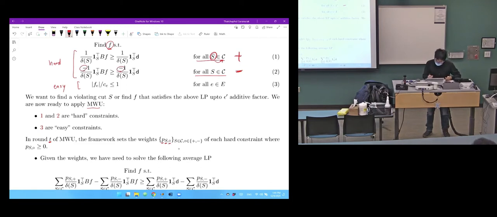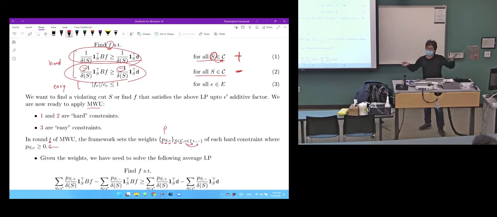So for every set in the family, I just use plus and minus to distinguish the two sets here. For each of these constraints, I get some positive number. Is it clear? The framework just gives you some weight for each hard constraint.